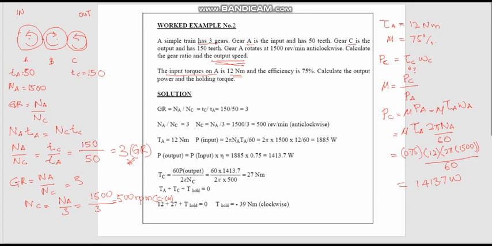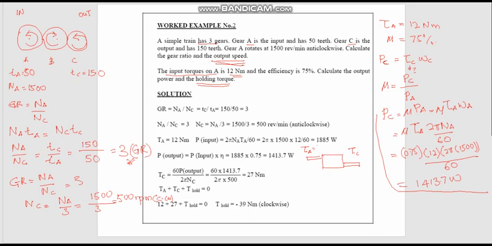Okay, the last question is we need to calculate the holding torque. So for that, let me draw the gearbox system. So we have the input here, output here. So we know that this is tau A, this is tau C, and tau A is given.